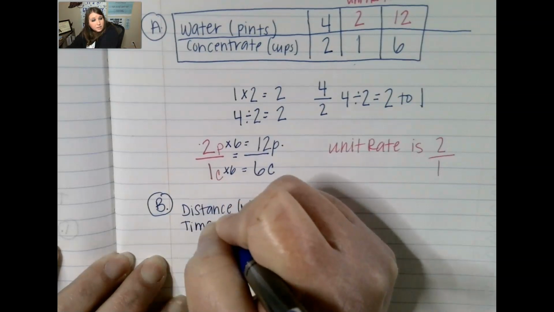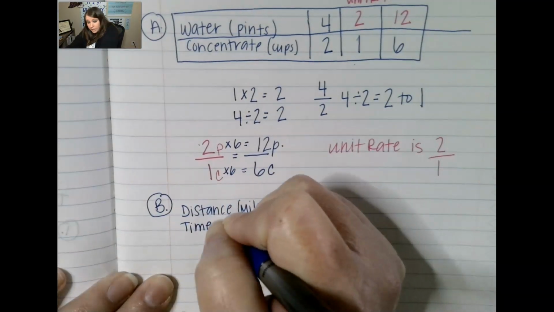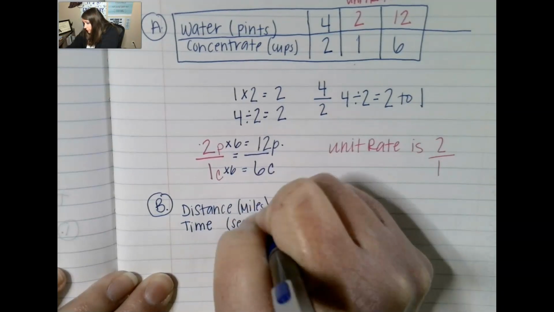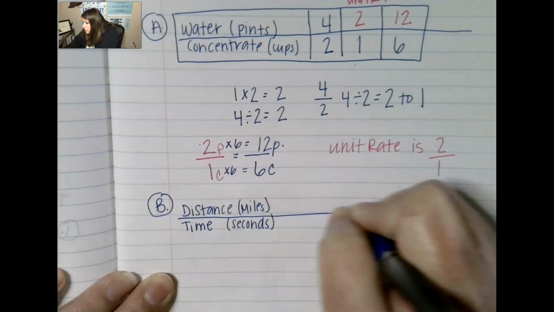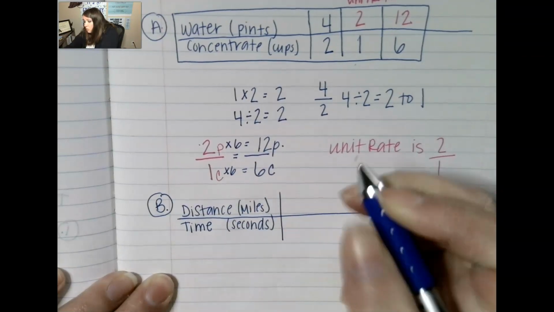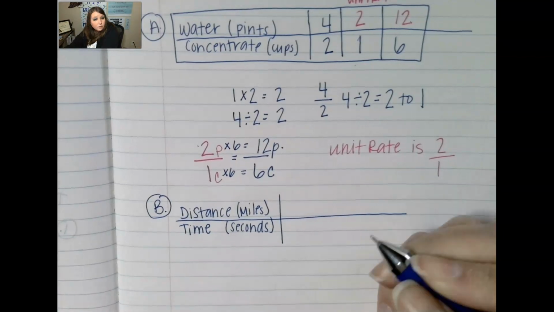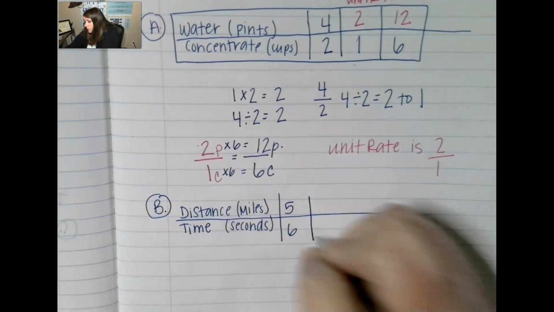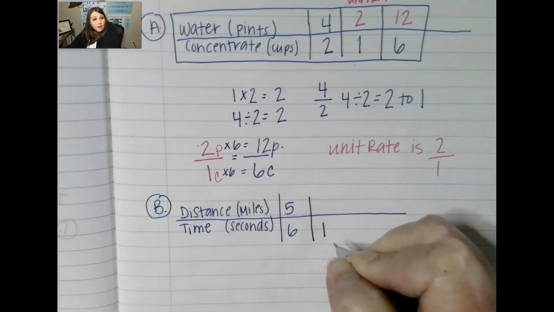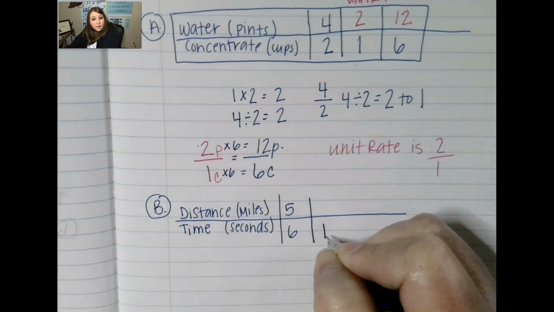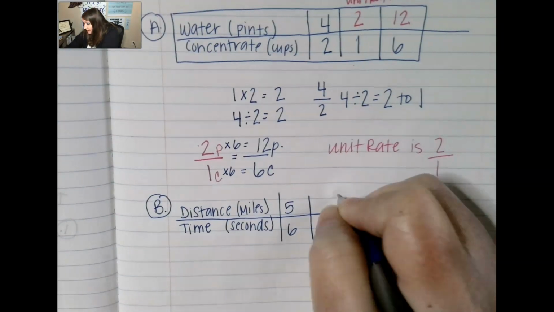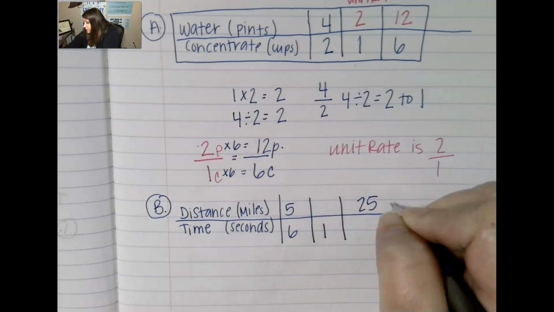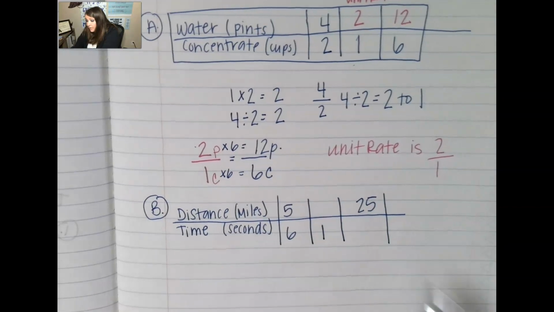And the time is in seconds. All right, and in this ratio table, again, I'm going to start with one ratio, which is 5 to 6. This is my first ratio. I want to know then how far can I run in 1 second? That's quite a bit. And then I want to know to 25 miles, how long it will take me.